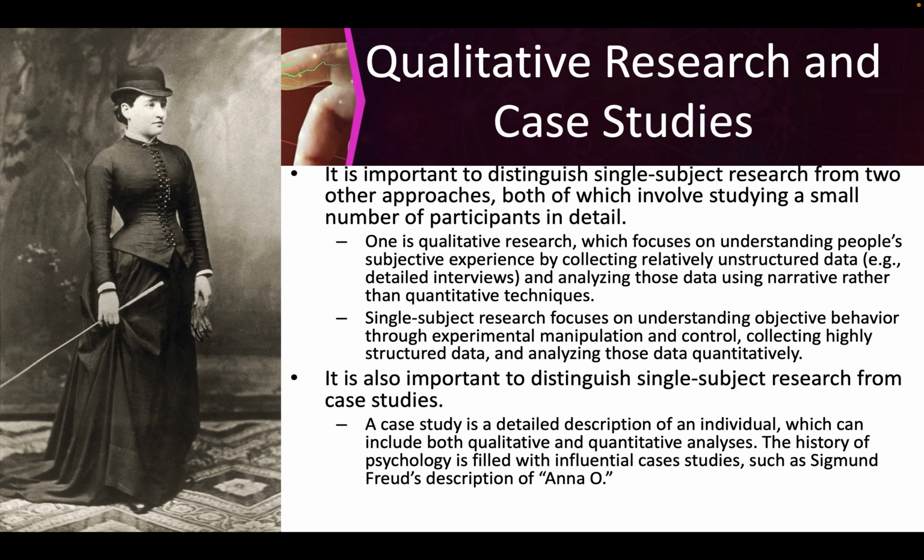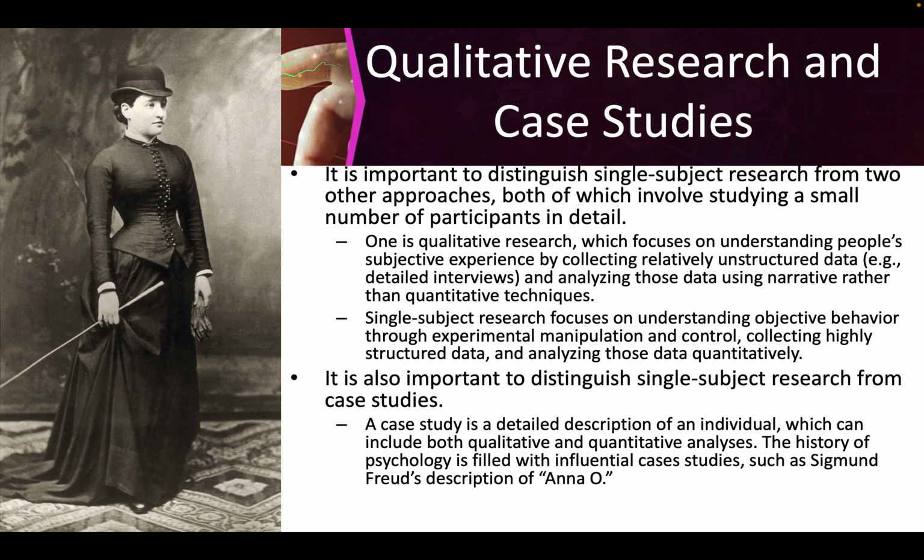It is important to distinguish single subject research from two other approaches, both of which involve studying a small number of participants in detail. One is qualitative research, which focuses on understanding people's subjective experience by collecting relatively unstructured data, for example, detailed interviews, and analyzing those data using narrative rather than quantitative techniques.